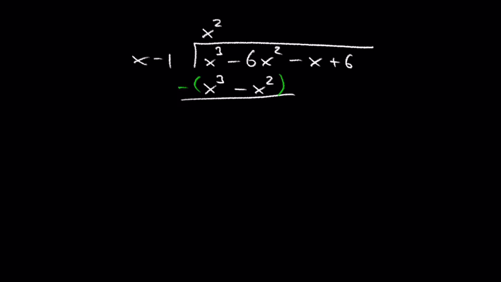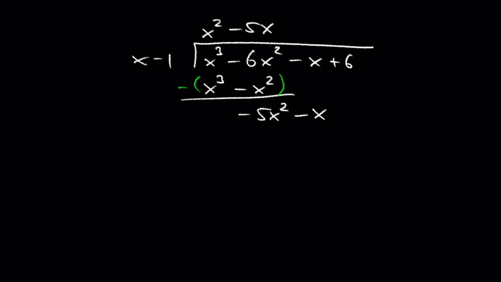X cubed minus x cubed is 0, and negative 6x squared plus x squared is negative 5x squared. Bring down the negative x. Negative 5x squared divided by x is negative 5x.